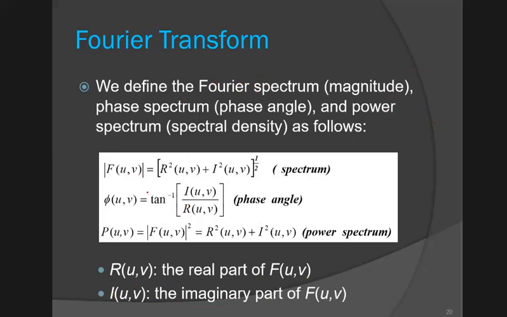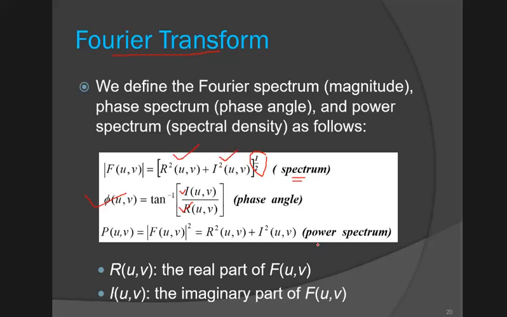We have seen the equation for the phase angle of a complex number. Similarly, for the Fourier transform equation we also have a phase angle formula, which is tan inverse of the imaginary part divided by the real part of F(u,v). The spectrum is actually a magnitude, which is represented by the square root of the square of the real part plus the square of the imaginary part.